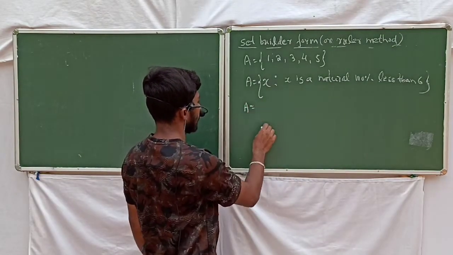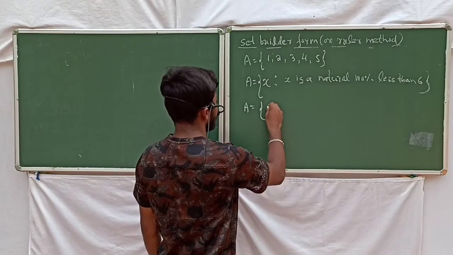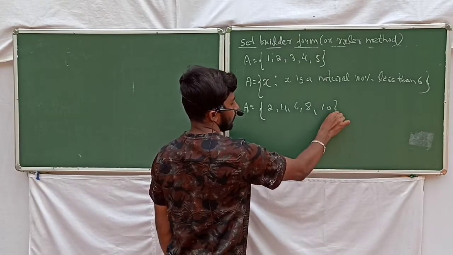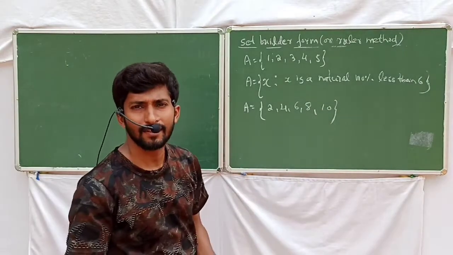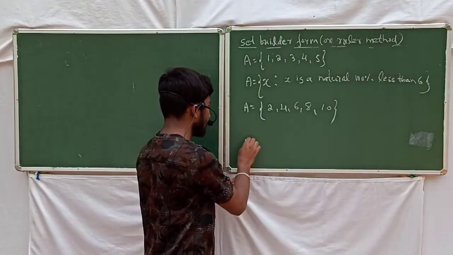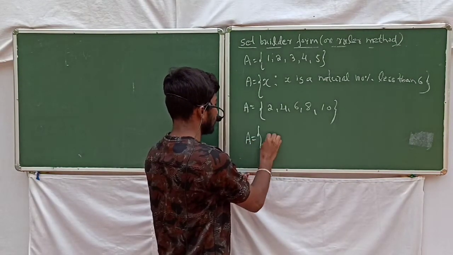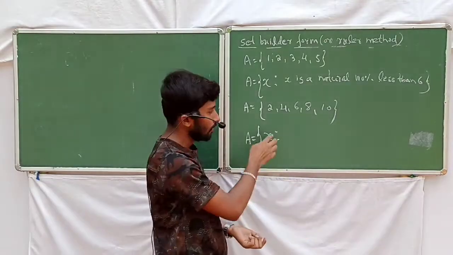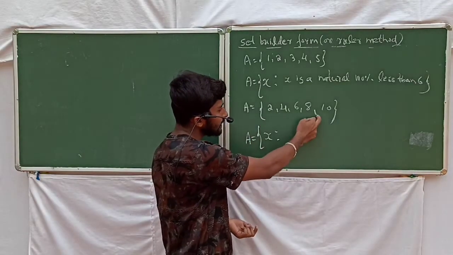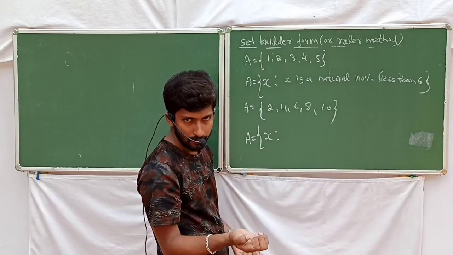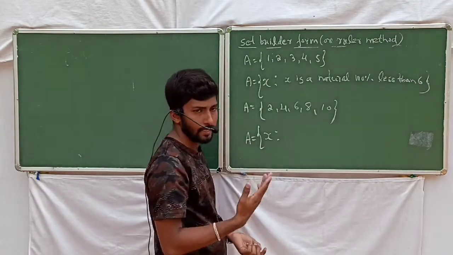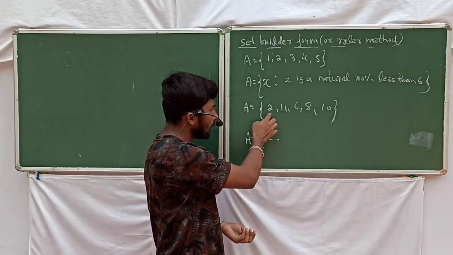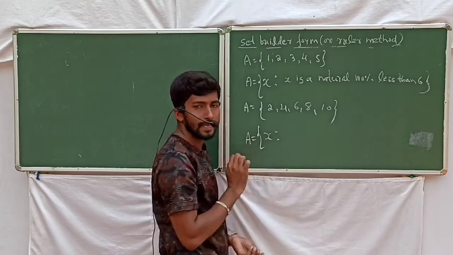A is equal to {2, 4, 6, 8, 10}. Now see, how to write it in set builder form? You can write it as A is equal to set of all x such that, what is the form of x? You can see here these numbers follow one pattern, 2, 4, 6, 8, 10. Moreover, see here these all numbers are even numbers.